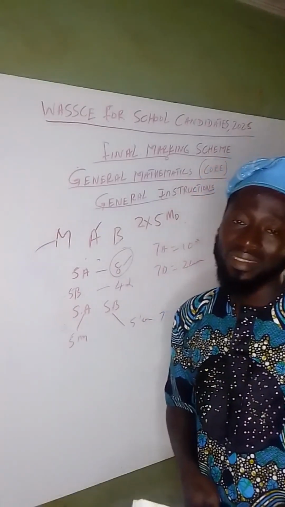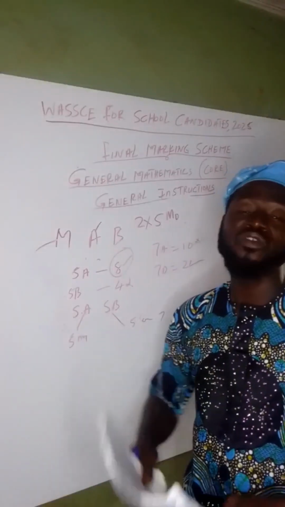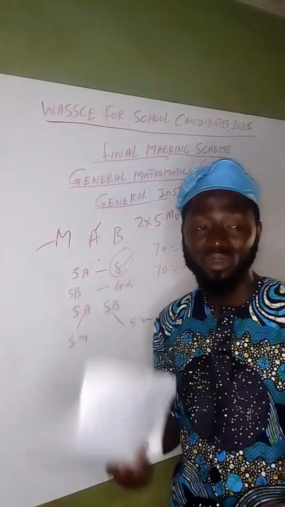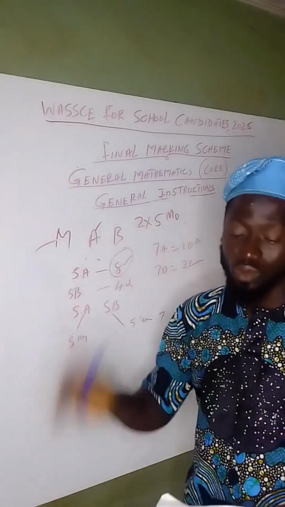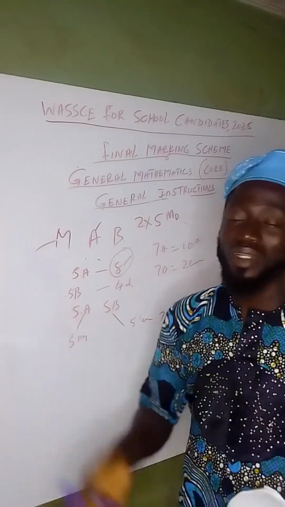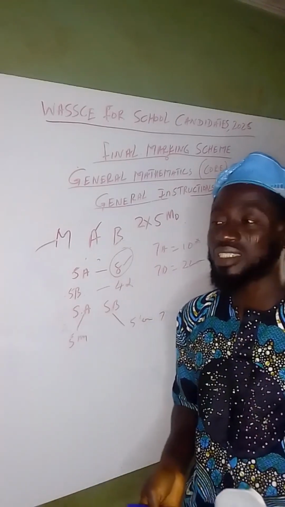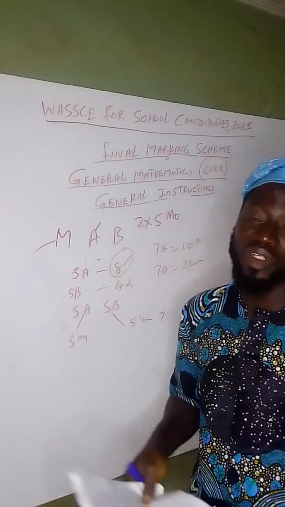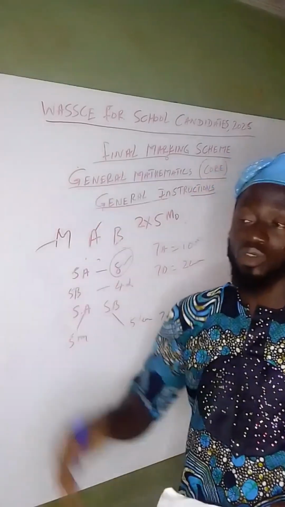If you don't put a diagram and you go ahead to solve the problem, everything turns to 0. But some of you just collect the question, quickly check it, write it down, and don't bother to draw the diagram. Once there is no diagram, it is 0.